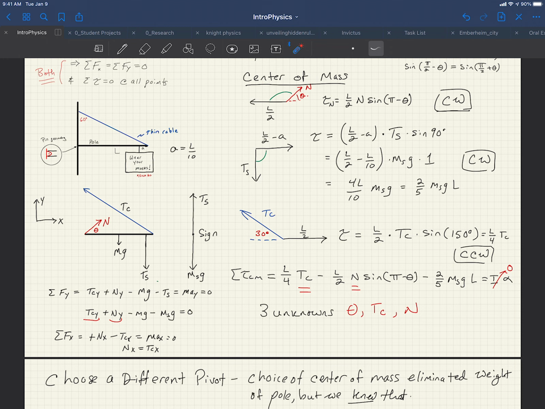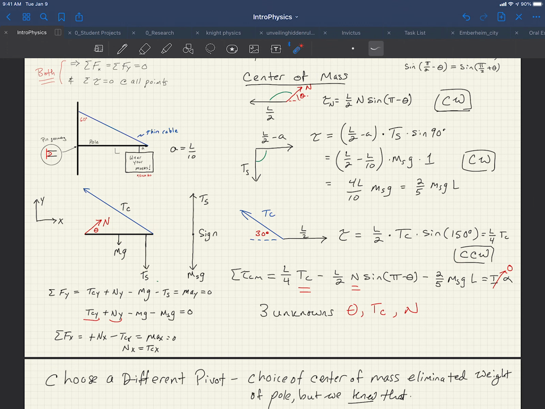And so the length of this moment arm to where this acts is L over 2. The force is TC. Sine of the angle between them is sine of 150, which is going to give us a half. And when you plug that in, you're going to get L over 4 TC, and that's counterclockwise. Why? Because around this point, this would cause rotation this way, opposite of the clock direction. And so that torque is going to be positive at the end of the day.